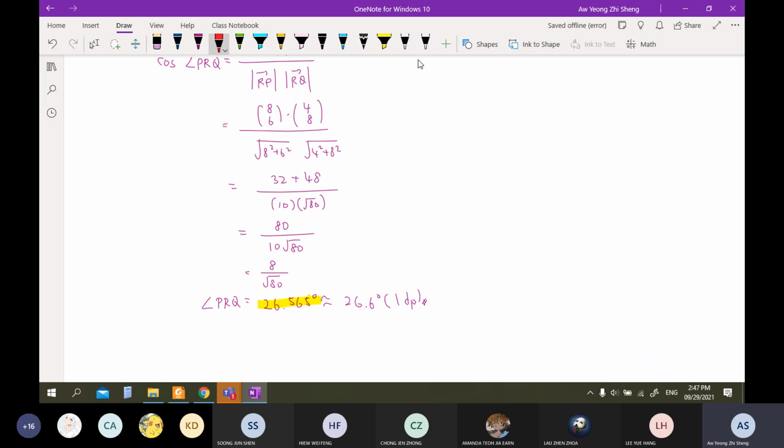Okay, part 3, this question doesn't require a diagram. If I just draw a diagram to visualize, it says S is a midpoint of PR, and find the position vector of S. Just apply the midpoint formula for vector. OS is half times of OP plus OR. This one should be very simple.